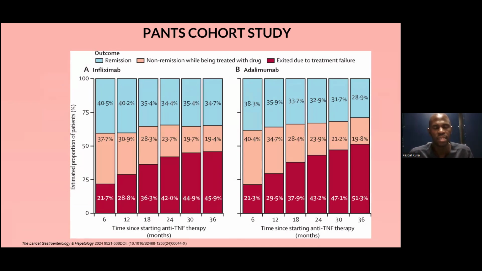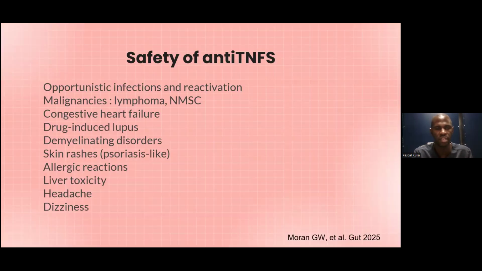So this is one of the reasons in which we really need to be careful about the medications that we're selecting, especially the first medication, because as we shall see, there is something called the law of diminishing returns, where with subsequent use of biological or advanced therapy, they are less and less effective.